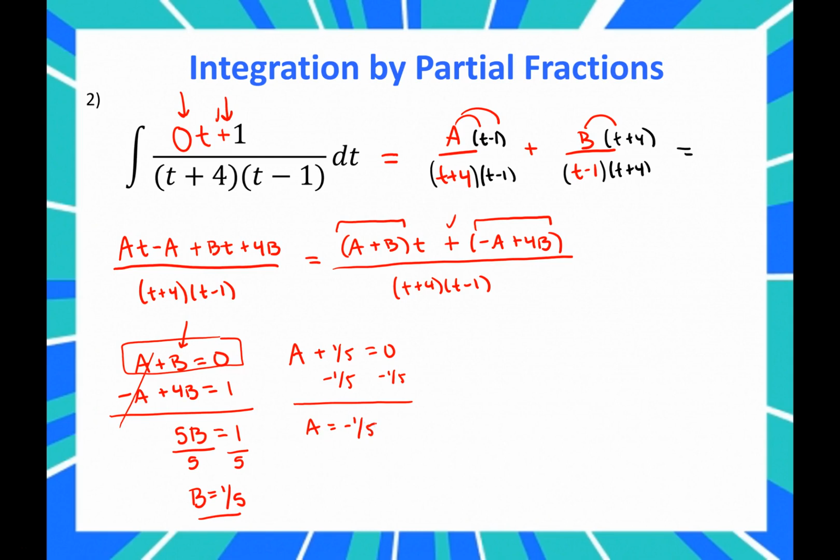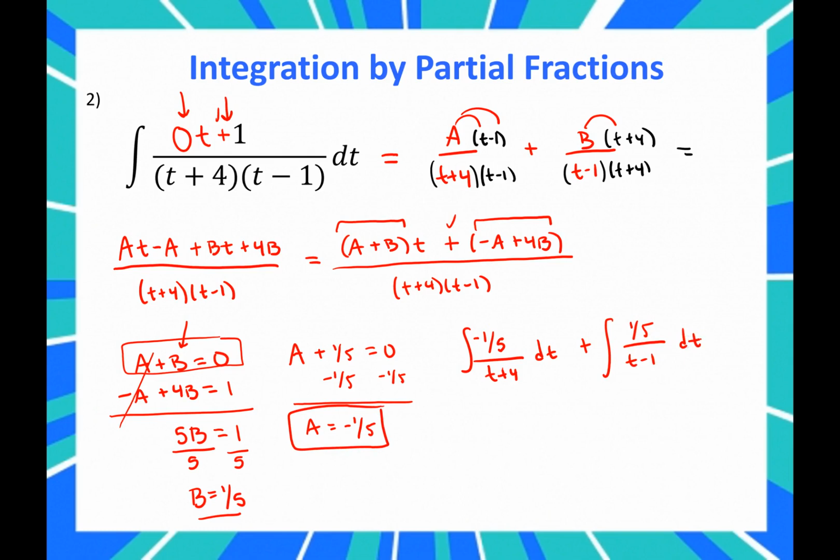So I can go ahead and write this original integral as the integral of 1/5 over t plus 4 plus my, actually that should be a negative 1/5, right? Because that's my a, and the a is right here. And then I'm going to have an integral of positive 1/5 over my t minus 1.